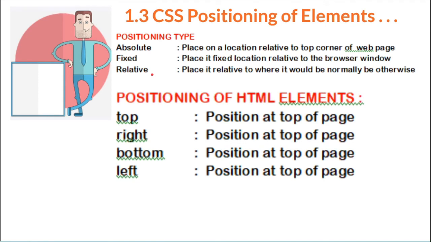Positioning of elements. So we can position elements as follows. We can say position at the top, at the right, at the bottom, at the left side of the page.